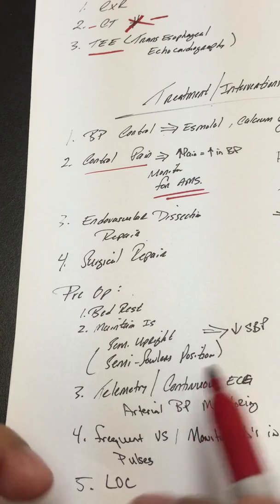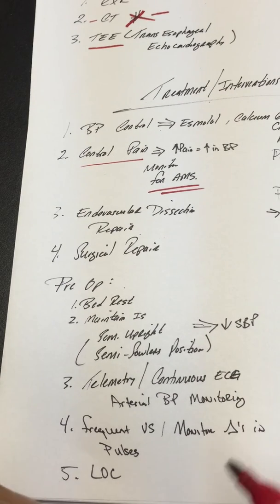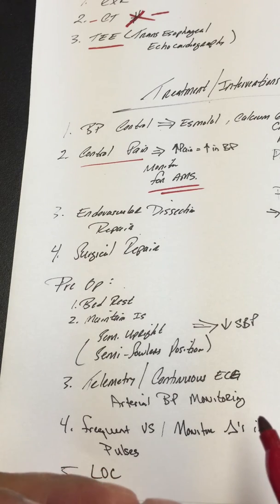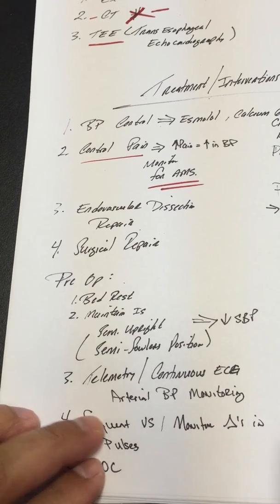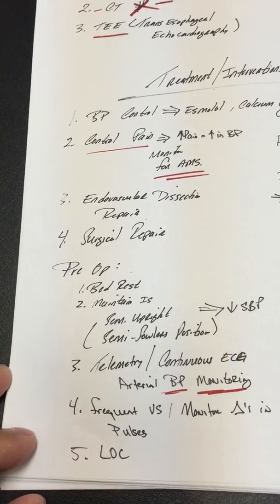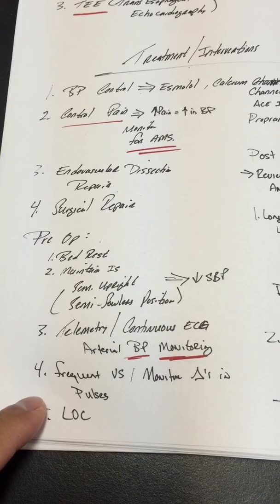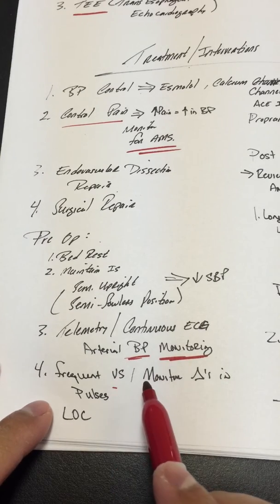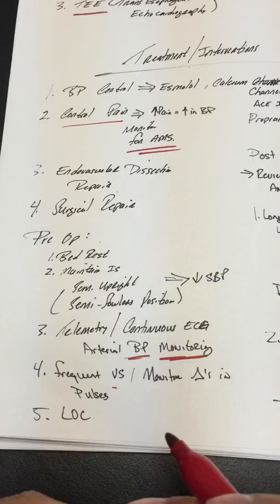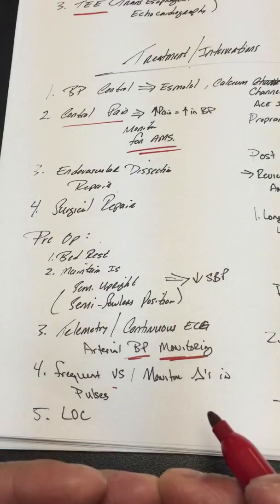Again, we always want to monitor for any changes that may be indicative of some pathology worsening. Number 3, arterial blood pressure monitoring. Number 4, you want to monitor their vital signs frequently. You want to monitor any changes in pulses.